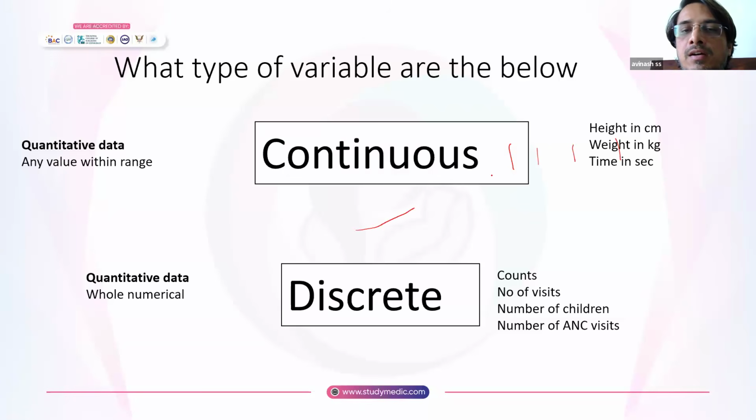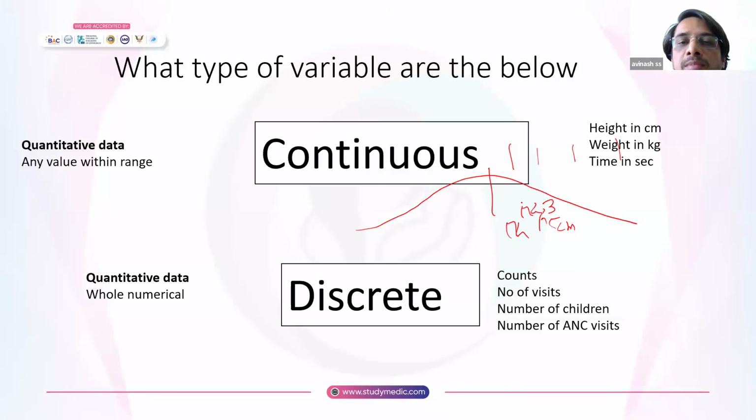That means these are all continuous variables. It can be 175 centimeters, it can be 174 centimeters, it can be 174.3 centimeters. It can theoretically assume any value in the spectrum. So such variables are classified as continuous variables.